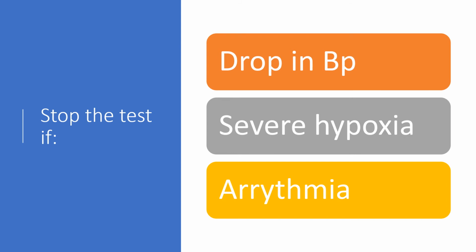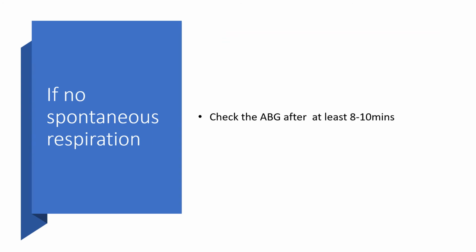So in the face of hypotension, cancel the test. When there is severe hypoxia, cancel the test. When the EKG is showing arrhythmia, stop the test, please. If there is no spontaneous respiration, check the arterial blood gas after at least 8 to 10 minutes.